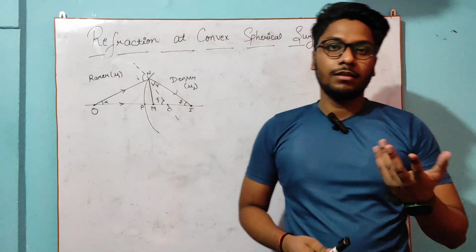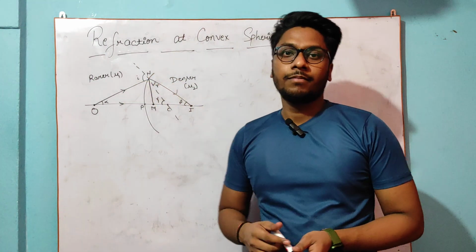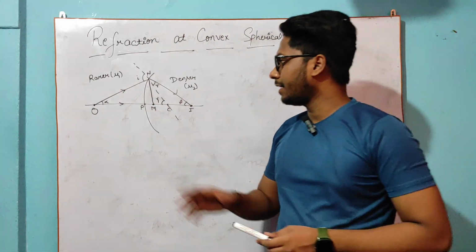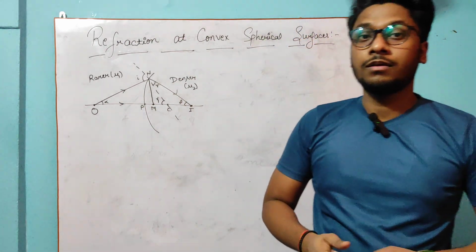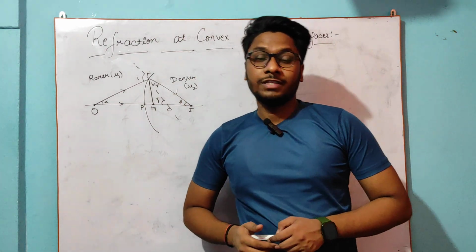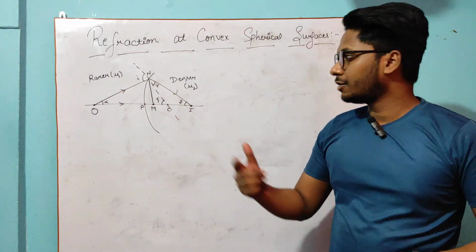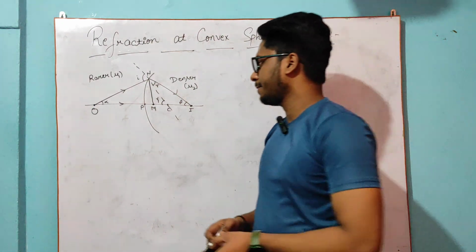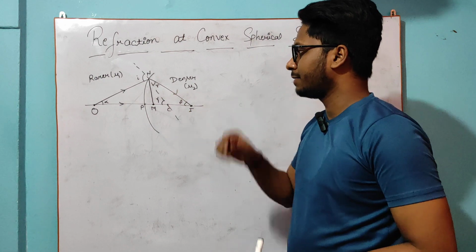The light rays we generally use are paraxial, so the angles formed by these light rays with the principal axis will be very small, due to which we are able to take the sine and tangent of these angles equal to the angle itself. So these are the things. Drop a perpendicular NM on the principal axis.